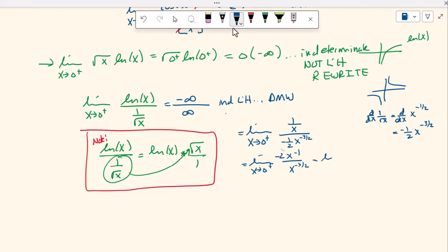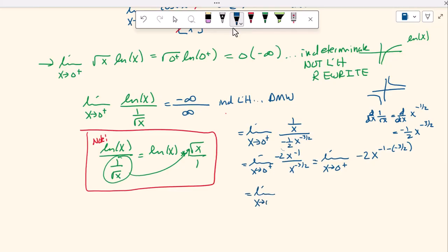And then I can simplify this. So this is the limit as x approaches 0 from the right. I have a -2, and then when I flip this up top, x to the -1 minus a -3/2. When you divide like bases, you subtract the exponents.